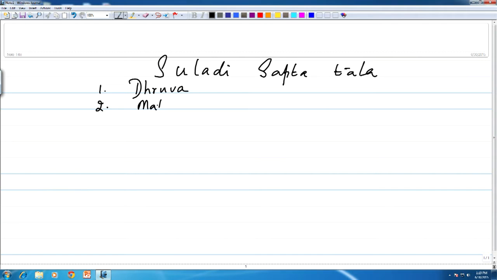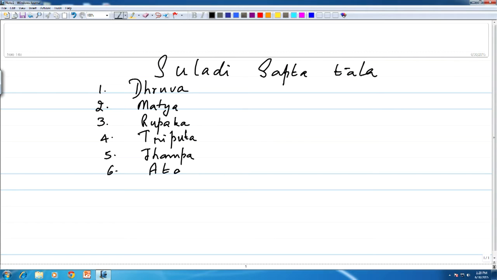Then you have Matya, Rupaka, Triputa, Jampa, Atatala, Ekatala. These are the 7 talas that are referred to as the Suladi Saptatala.